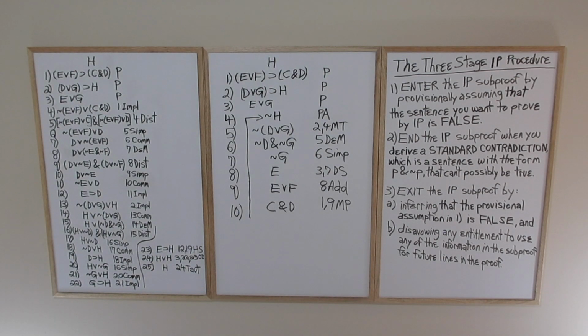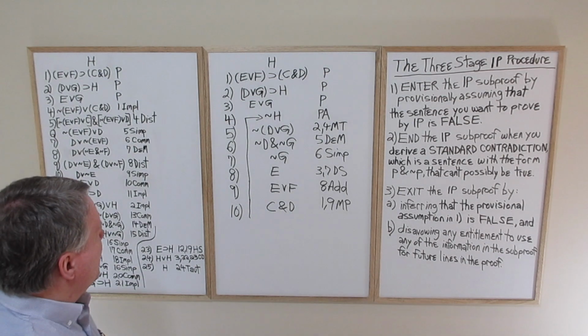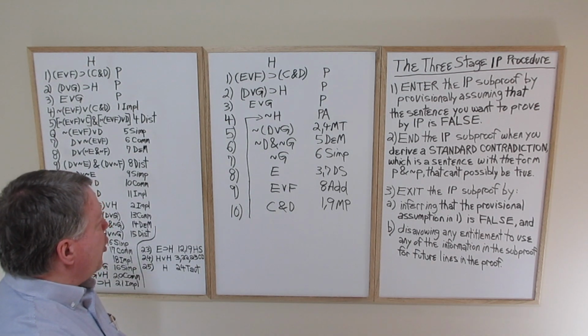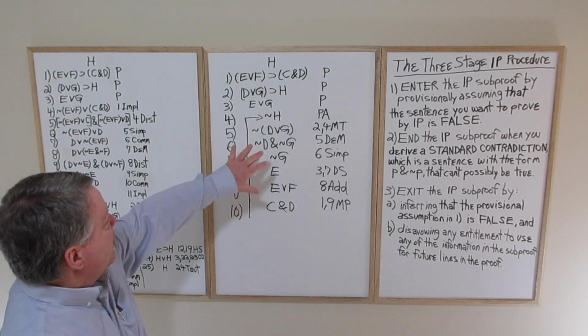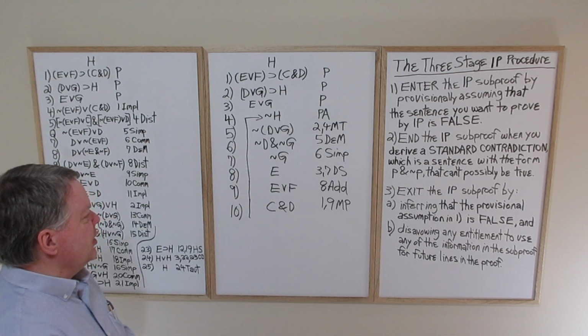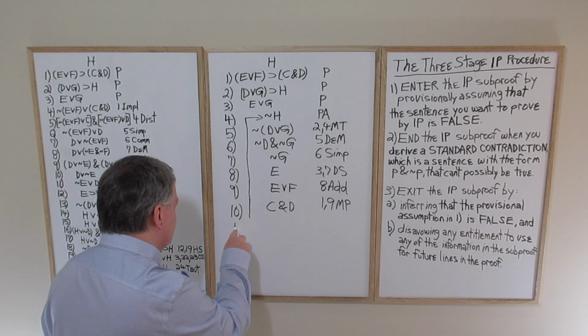At this point, we can start considering the question, what standard contradiction could we possibly derive from the information in the subproof?